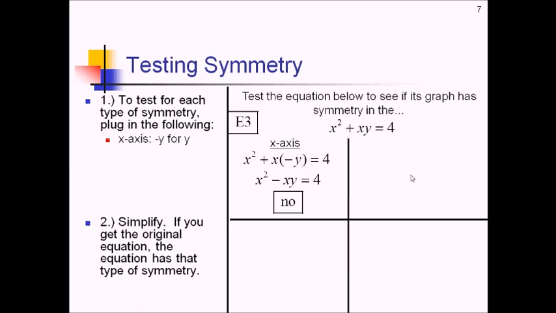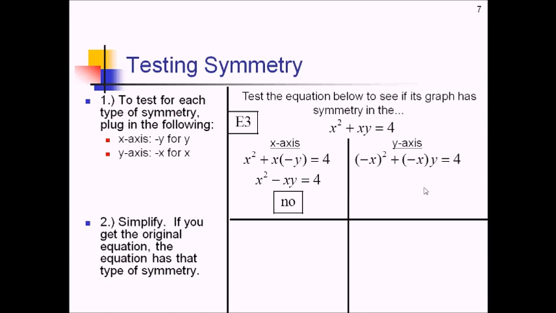Let's try the y-axis test out. So for this one, instead of doing negative y for y, we have to do negative x for x. Notice that the x and the y are kind of counterintuitive. To test for x-axis, you need negative y. To test for y-axis, you need negative x. So instead of x squared plus xy equals 4, we have negative x squared plus negative xy equals 4.